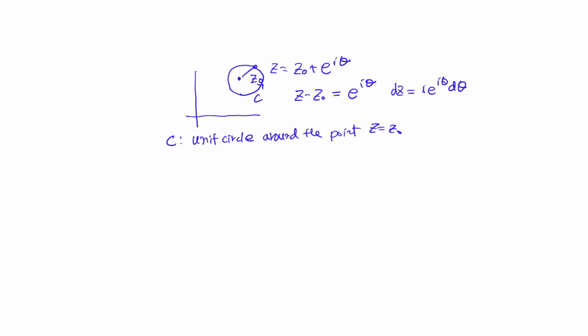Then the integral can be written as the integral from 0 to 2 pi of exponential i theta, i exponential i theta d theta, which is 2 pi i, right?